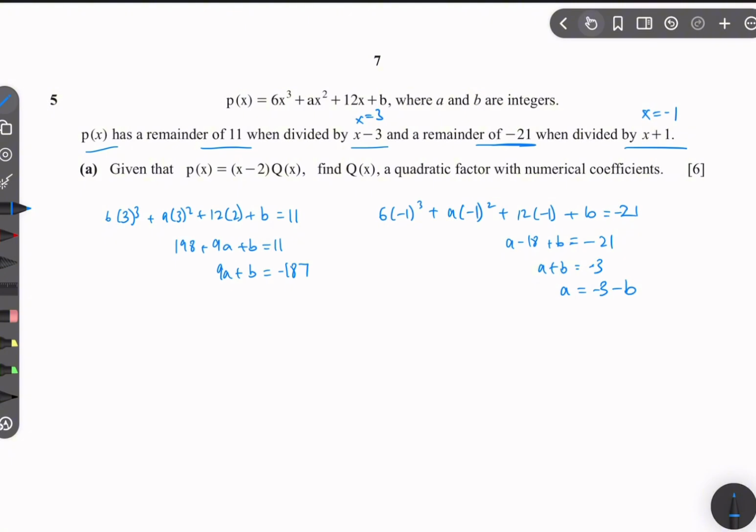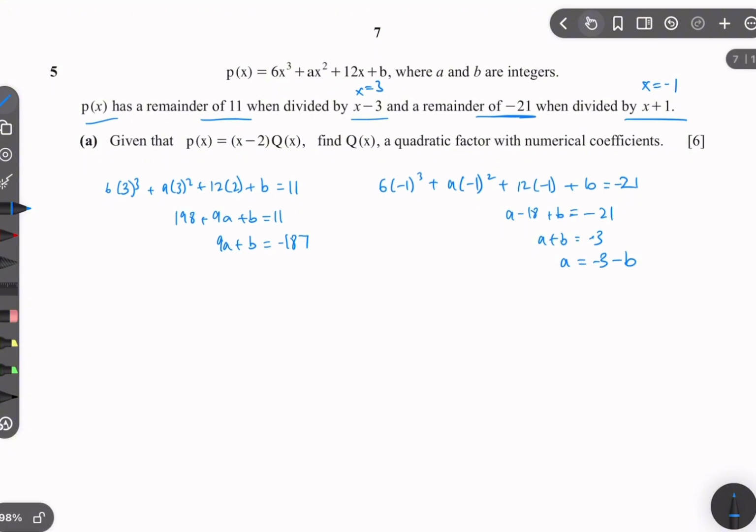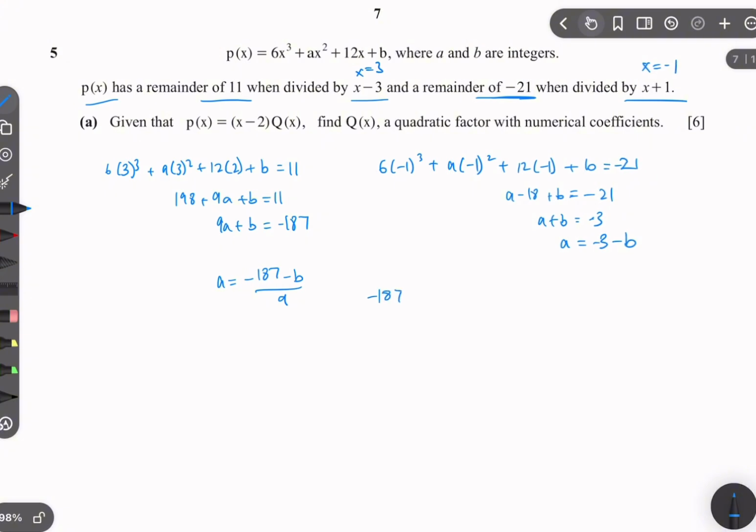Okay, now we have two equations. We can do simultaneous equations. So I'm going to make this equal to a, and then I'll equate both equations.